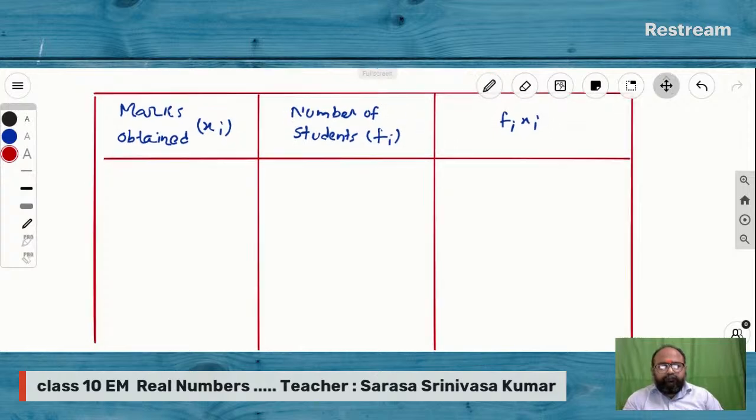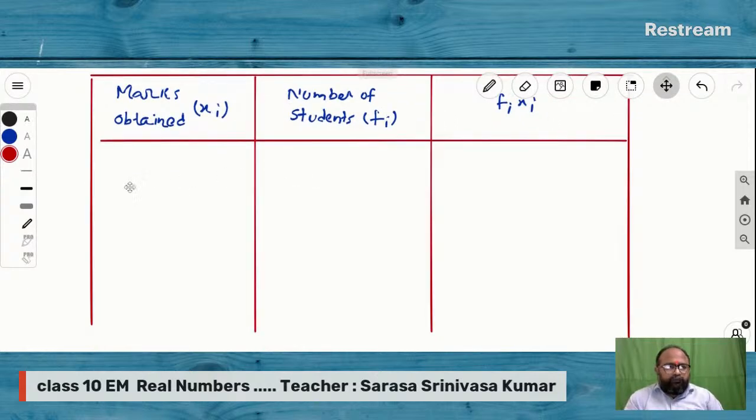Now, marks obtained: 10 marks. How many students are there? There is one student. So we have to find the product of 10 and 1. So 10 multiplied by 1 equal to 10. So this is the first one.